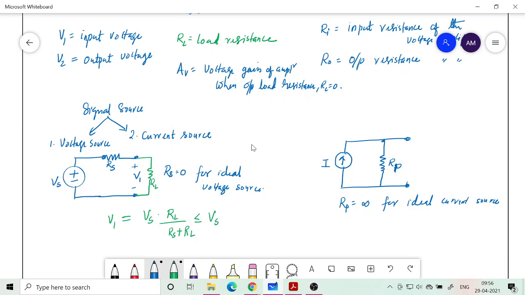So this Rs basically models that when the voltage source is supplying current, say IL, depending upon the value of current, the output voltage that practically you get out will be different from what you have generated.